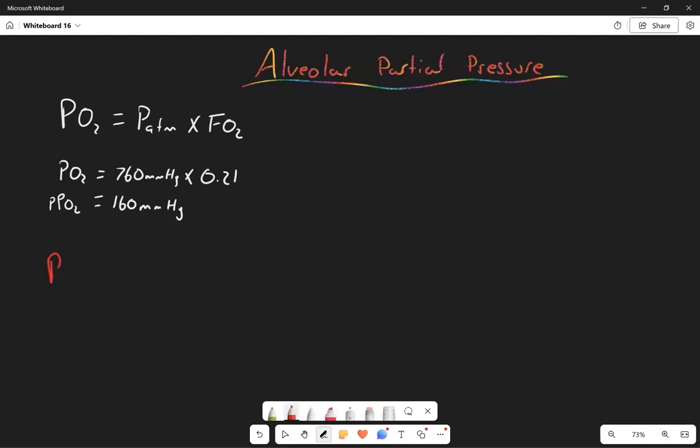So if we do so, our partial pressure of oxygen is equal to the pressure of the atmosphere minus the pressure of the water vapor after we humidify the air, then multiplied by the fractional component of the inspired air that is oxygen. So if we write this out, we've got our 760 millimeters of mercury of atmospheric air.